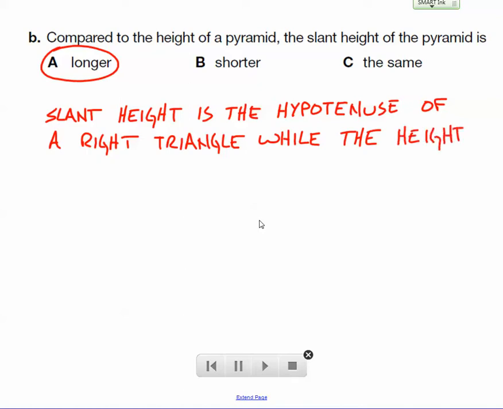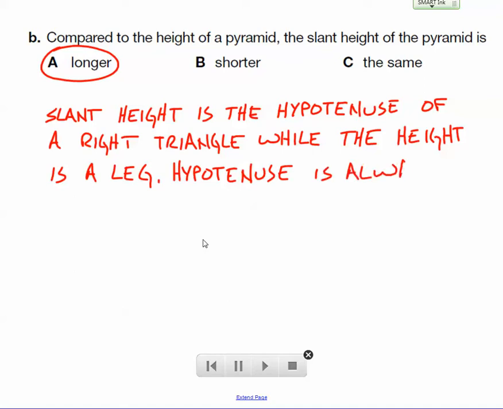So the slant height is the hypotenuse of a right triangle, while the height is a leg.